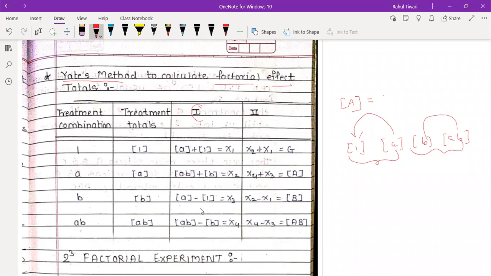Remember, using this column. If you do the addition of these two, you will get the grand total. If you are interested in the factorial effect of factor A, we have to make the addition of these two. Then for B, you have to always do 2 minus 1. For AB, you have to do again 4 minus 2.